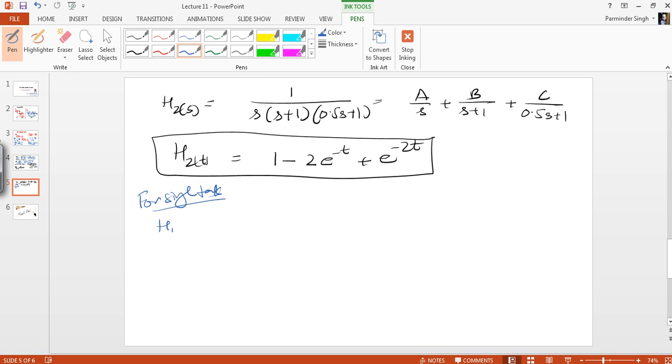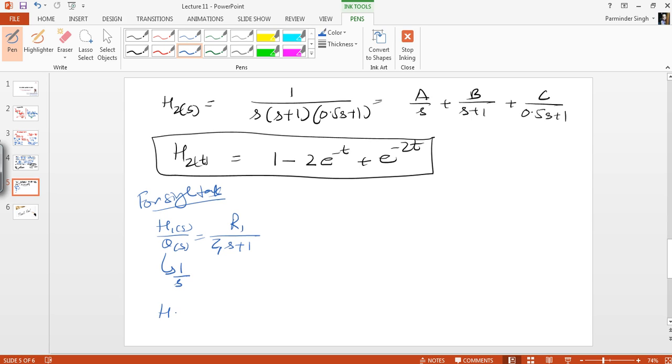Now for a single tank, we have H1(s) by Q(s) as R1 over tau 1 s plus 1. Clear? For a single tank, Q(s) is 1 by s, and let's say R1 and R2 are the same.